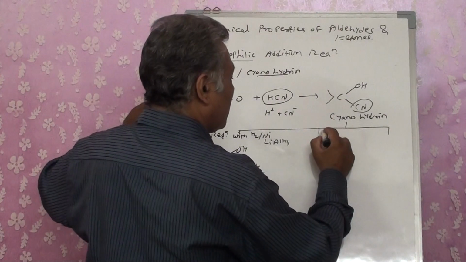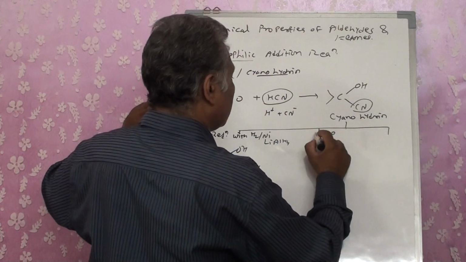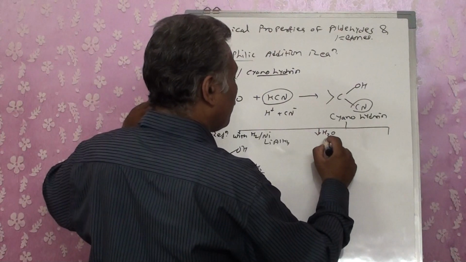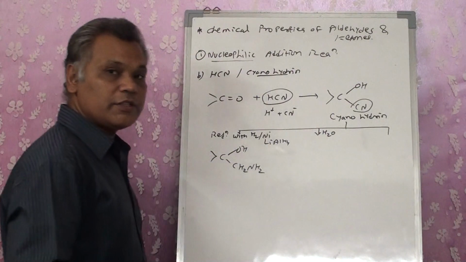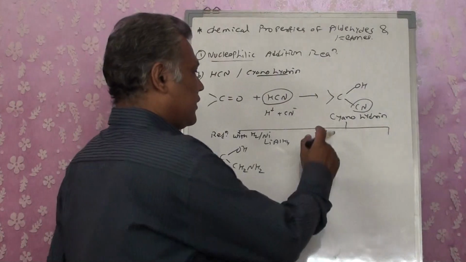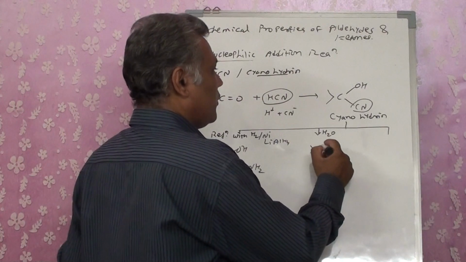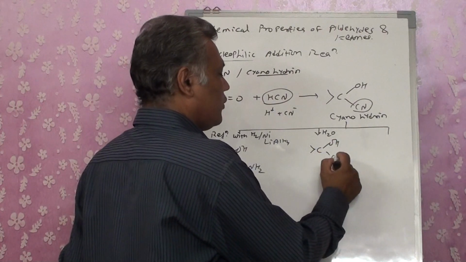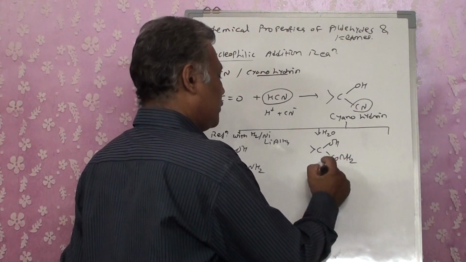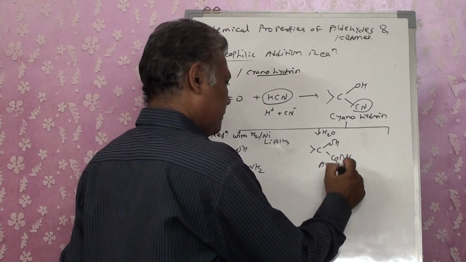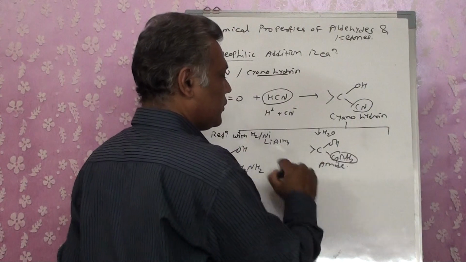But again, if I go for hydrolysis in limited portion, only one H2O, restricted, then at that time the compound will get converted into CONH2, amide. It will produce amide.